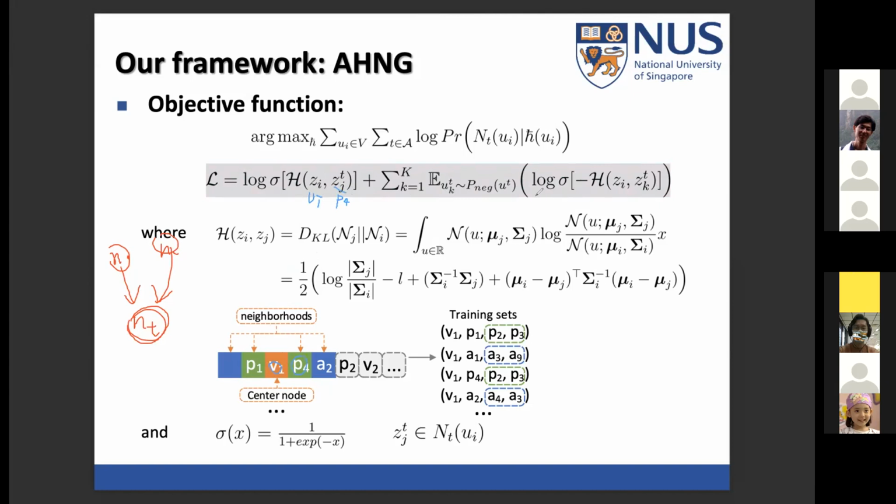And then we will select a negative example, which has the same type as ZG, but is not linked or shown in the neighborhoods.